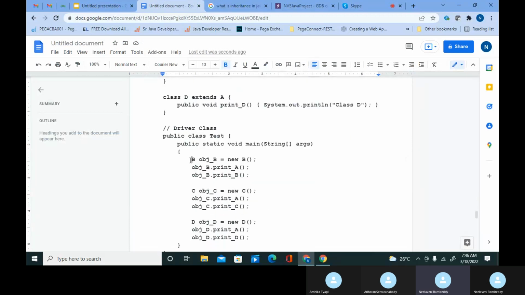Now I'm creating the object for B, I'm creating the object for C. Everywhere we are calling the same method only. Print A, what will it call?